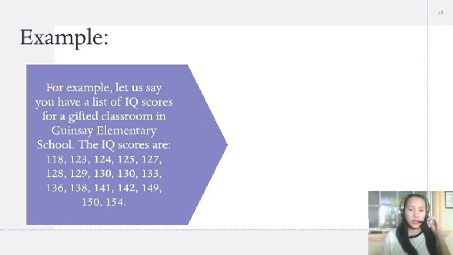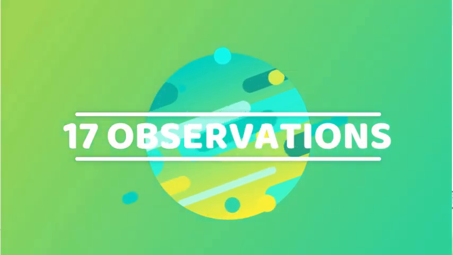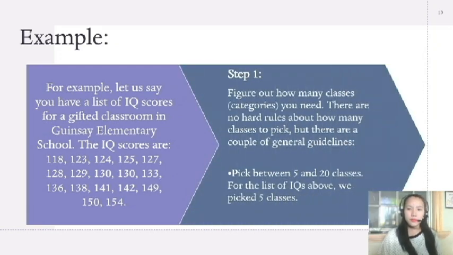So all in all, we have 17 observations. For the data above, we would prefer to use grouped data, especially if there are a lot of frequencies involved. Now for step 1, let us figure out how many classes or categories we need.